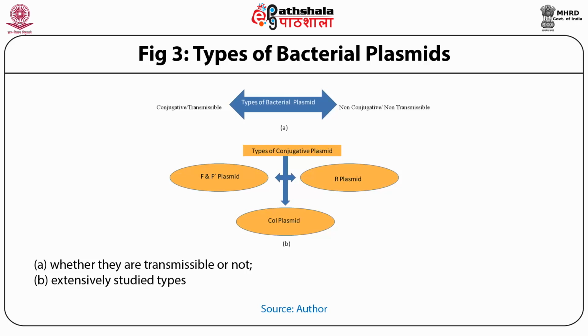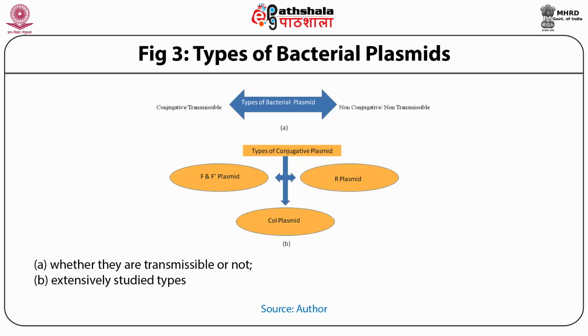Three major types of bacterial plasmids have been extensively studied. F and F' plasmids, these are conjugation fertility factors. R plasmid, these plasmids have genes that confer resistance to antibiotics or other antimicrobial drugs.